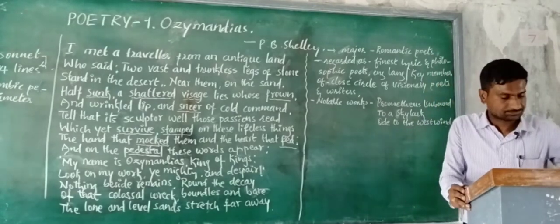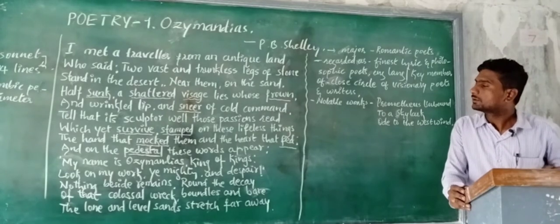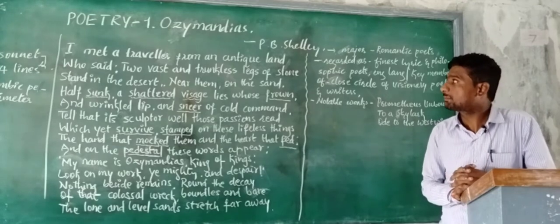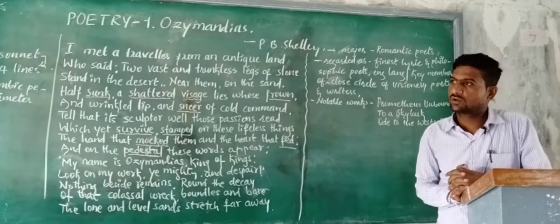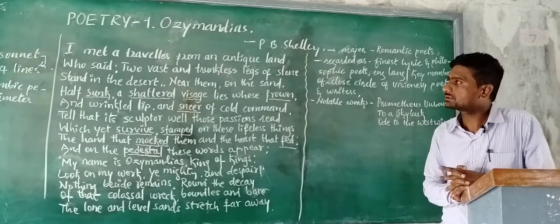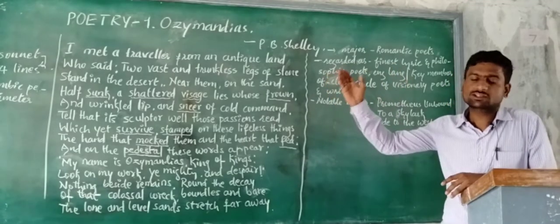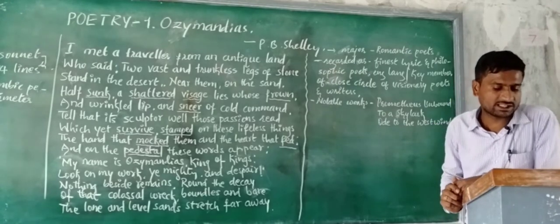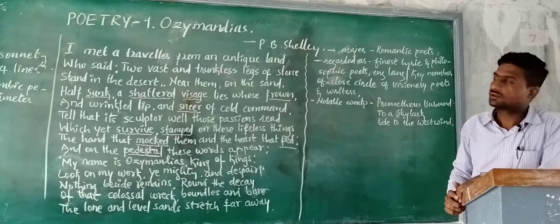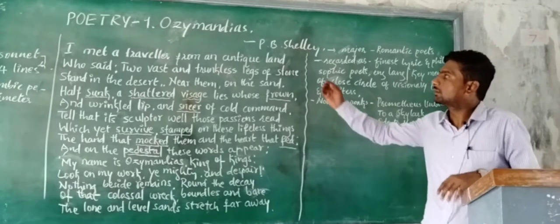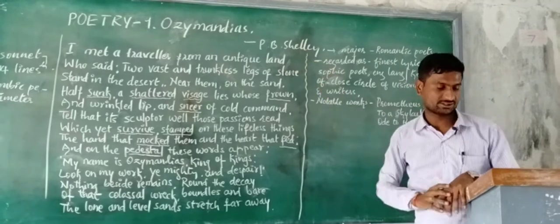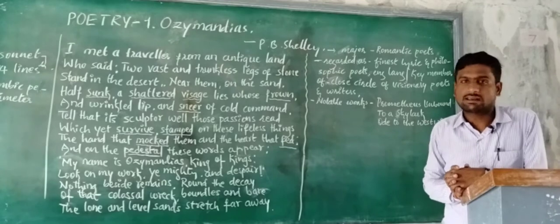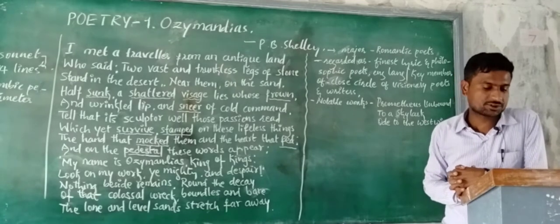Dear students, in this poetry, the poet Percy Bysshe Shelley met a traveler, and the traveler had been from an antique land. Antique land means the ancient land, the ancient place of Egypt.